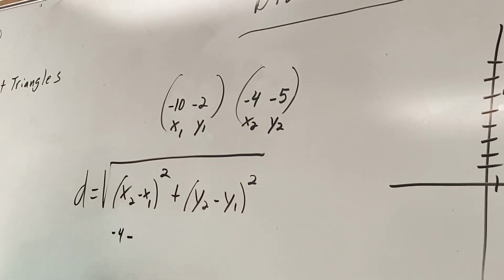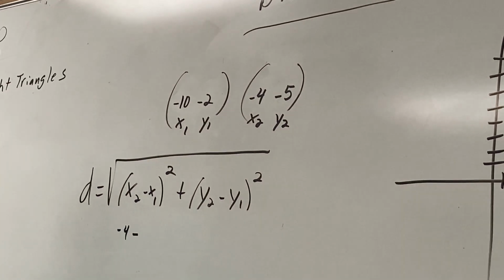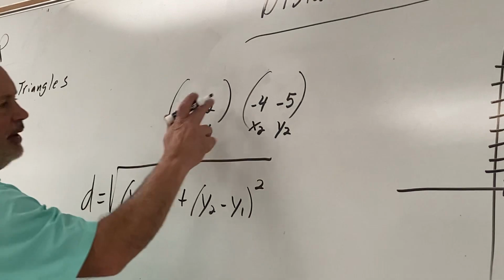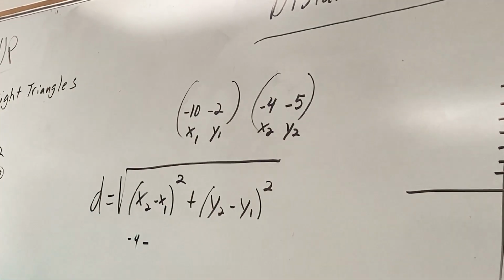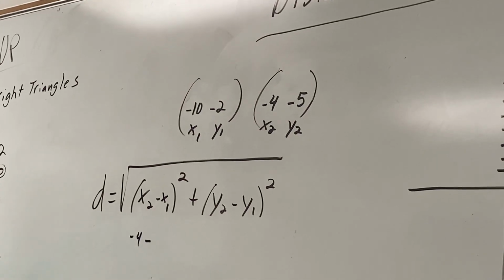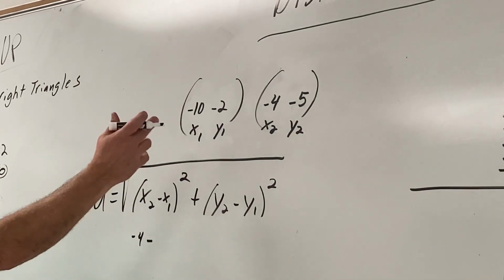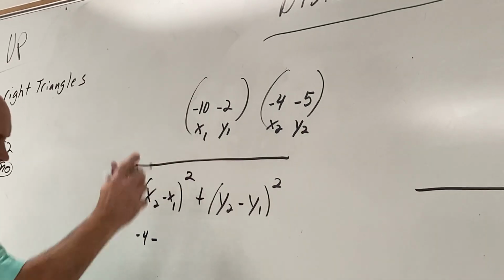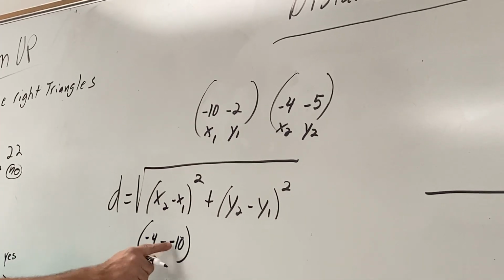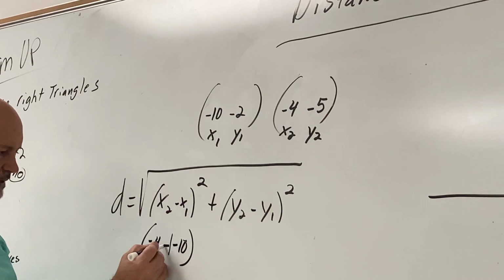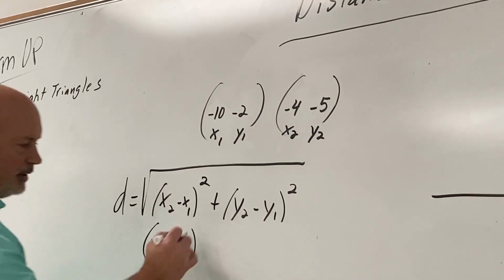I don't see a -9 anywhere. I got it labeled. Which one has x1 next to it? Or under it? -10. What do we do right here with this minus -10? Plus 10. Sweet. And we're going to square that in a minute.